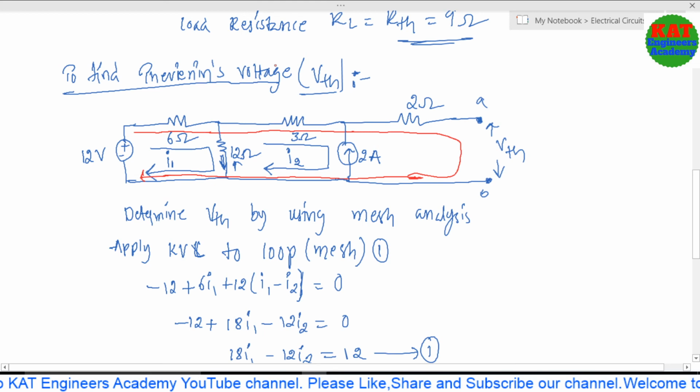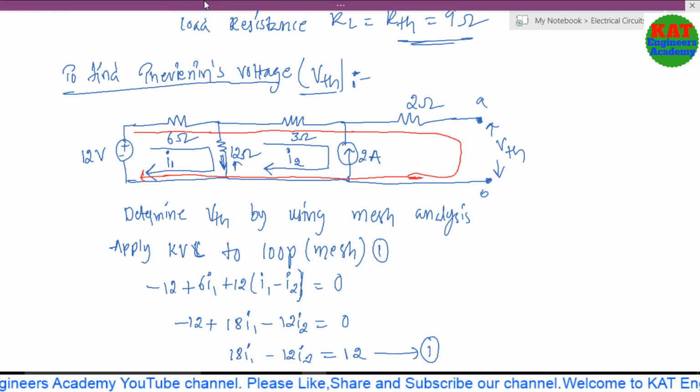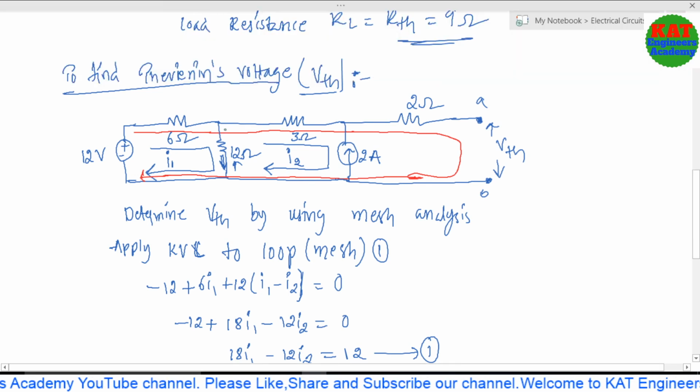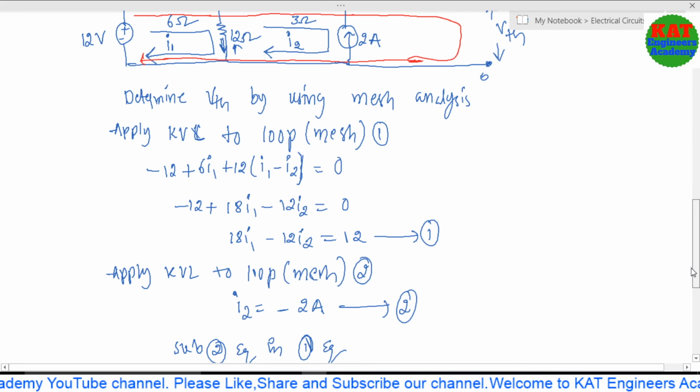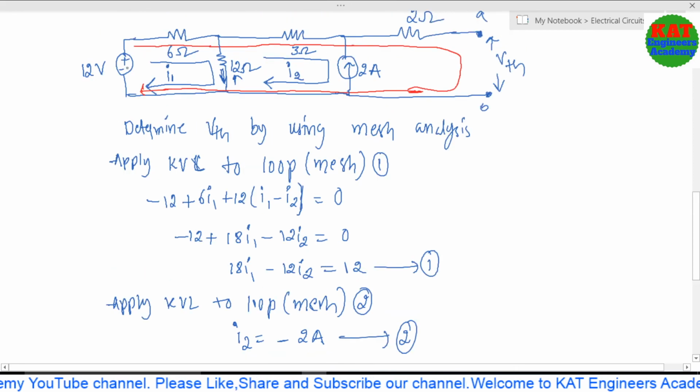Okay friends, that outer loop equation is, just listen: minus 12 plus 6 into I1 plus 3 into I1, there is no current in the 2 ohms, so 0, plus VTH equal to 0.